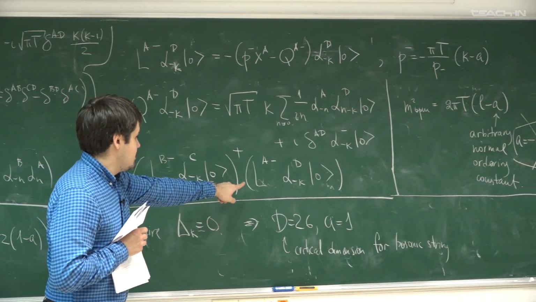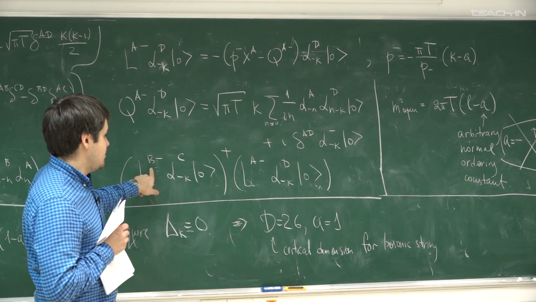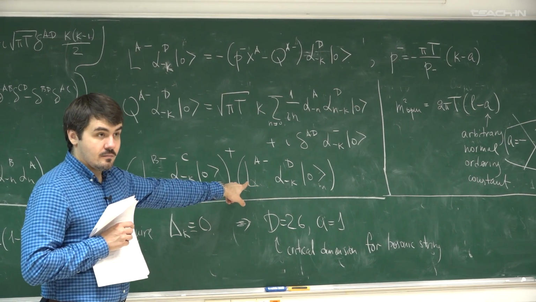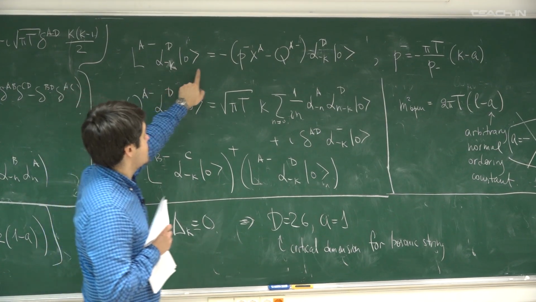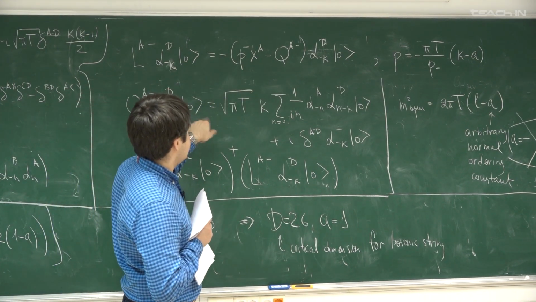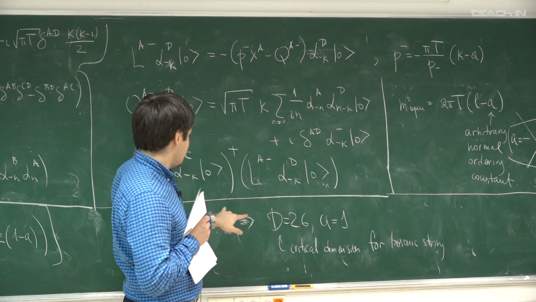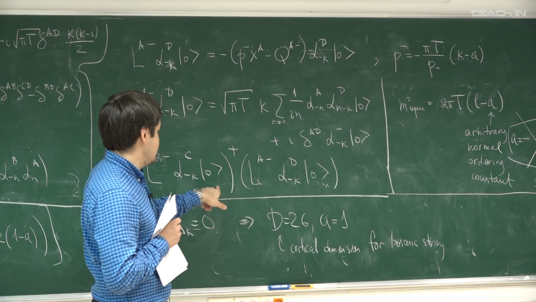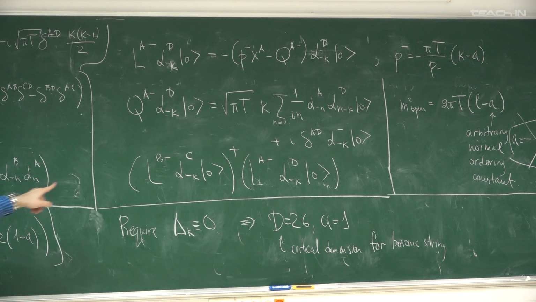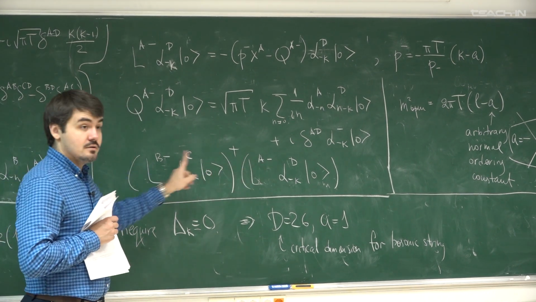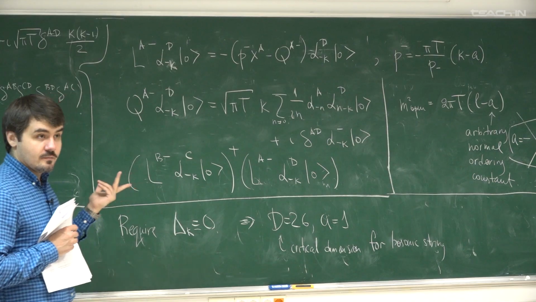So this formula gives you the matrix element of LB minus, LA minus. You use this formula, plug this Q here, then you compute this matrix element. To compute this matrix element, you need all of these formulas here. And then you anti-symmetrize with respect to A and B. So you subtract 2 such pieces.